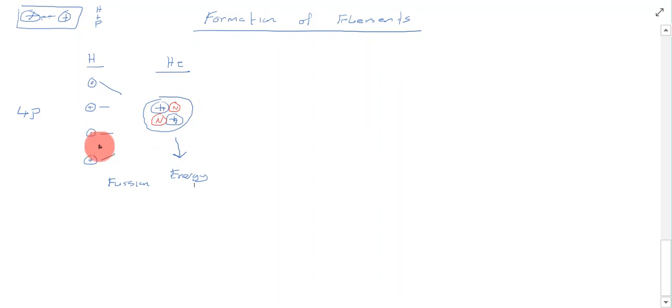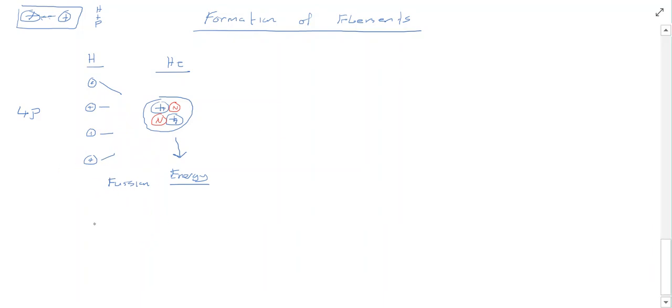So what actually happens is 2 of the protons decay. They undergo radioactive decay, and they give off radiation, in the form of energy. And they change from a proton into a neutron.